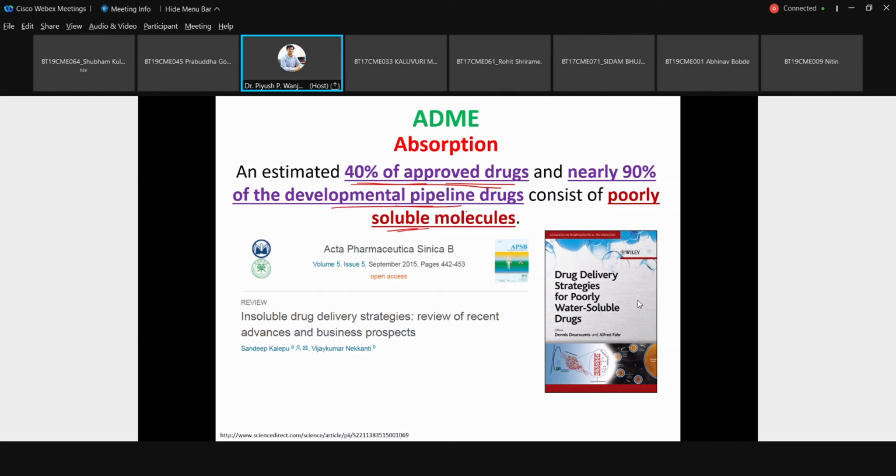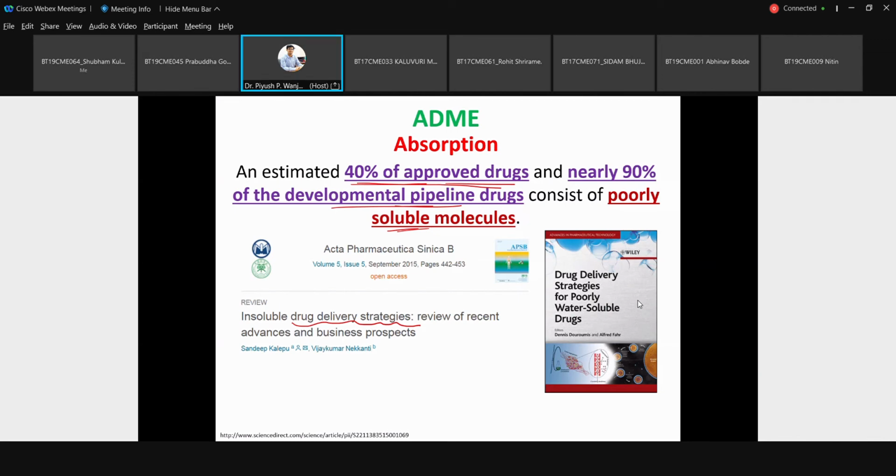So I said ADME criteria is important. Can you simply discard the molecules which show good activity? No, there are many drug delivery strategies. People have proposed many different ways so that they can also be used.